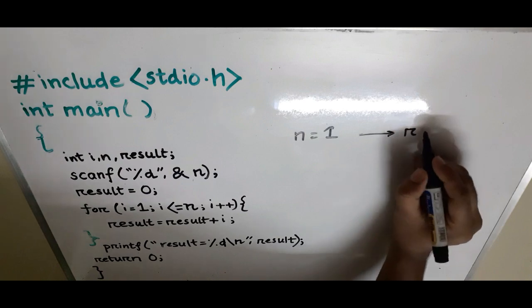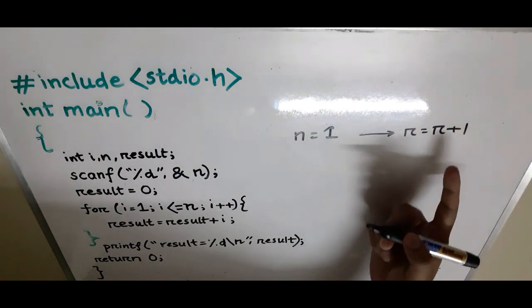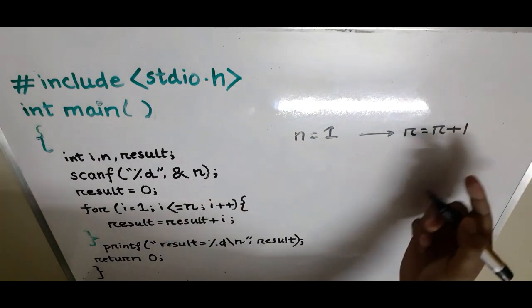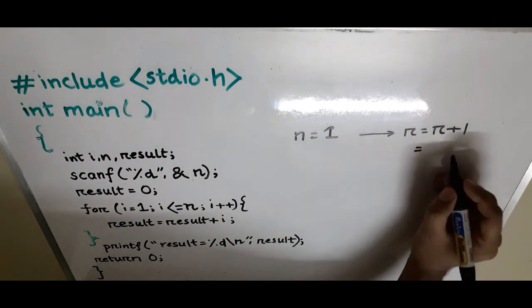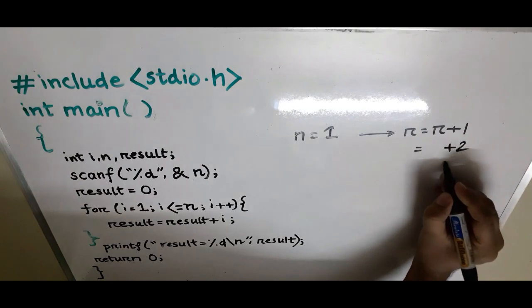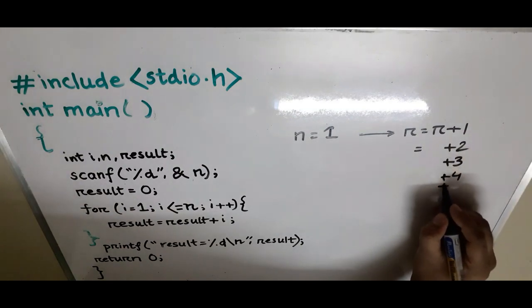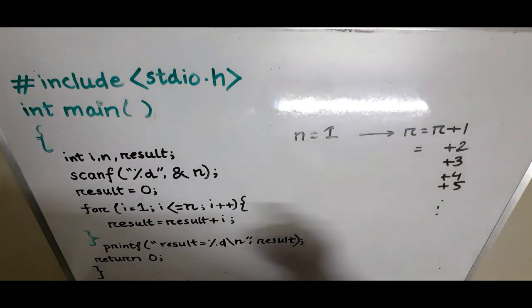Every time R will be R plus I. In the first case, result, this value is 0 plus 1, that gives you 1. And second time, what will happen? In the second instance 2 will be added, then 3 will be added, then 4 will be added, and then 5 will be added, and so on. It will go like this, right?